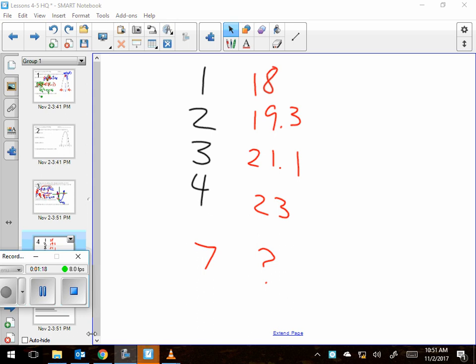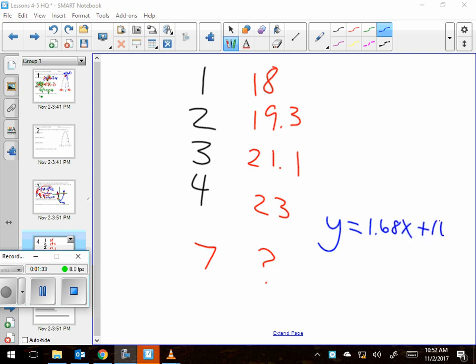All right, now that it's in the regression equation, if you go on your y equals screen, would you please read me, Miss J, the equation? 1.68x plus 6. All right, I could just do this by hand in my head.